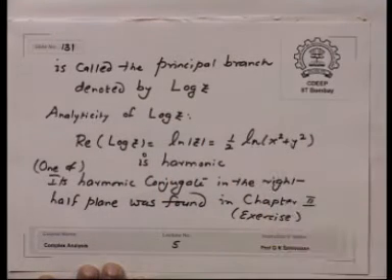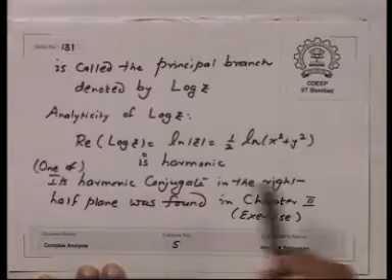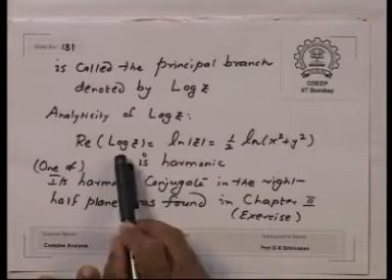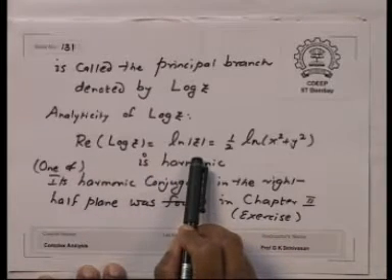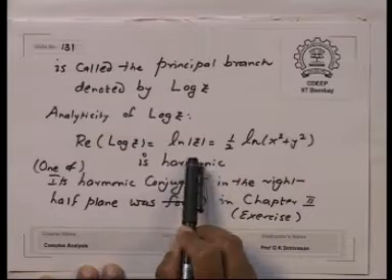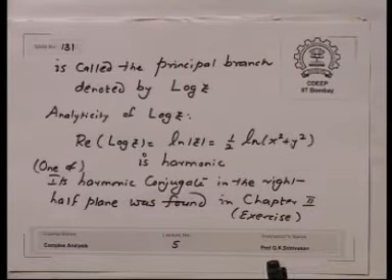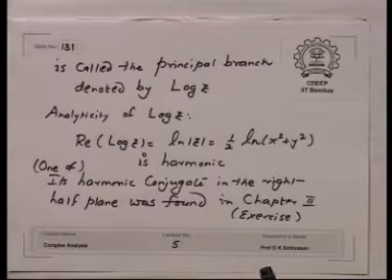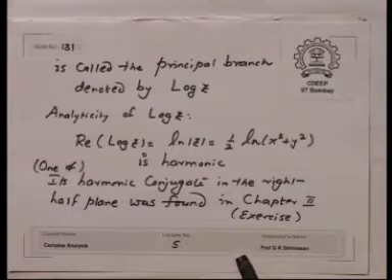I will always use the uppercase letter L for the principal value and the lowercase one for the multivalued function. Now it is very clear: the real part of the logarithm is ln of mod z. When I use the letters ln, ln will always denote the natural logarithm, the real natural logarithm of a positive real number. The notations have been fixed.